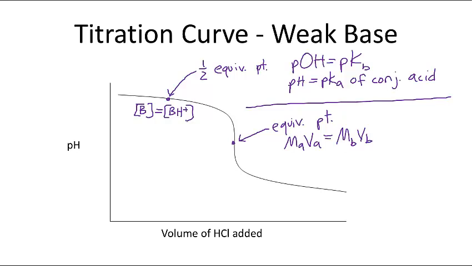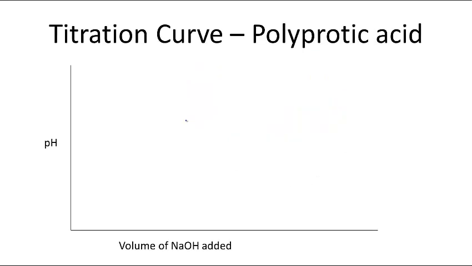So then last thing, what do you think would happen if I have a polyprotic acid? Be like a double curve. All right, what does that mean? You would actually see multiple equivalence points and multiple jumps.